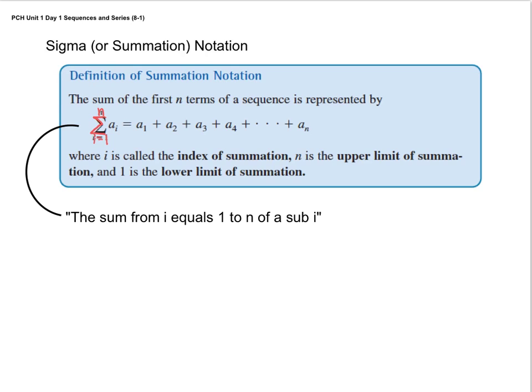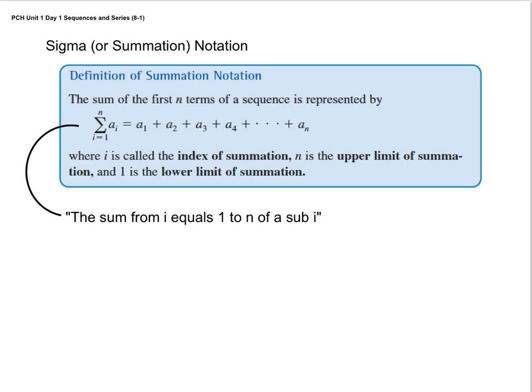You have this variable that's going to show up in the expression here. Okay? And at the bottom, the i is called the index of summation. That's the thing that's kind of changing each time. It's just a variable that we're plugging in different values for. The 1 is the lower limit, and then the n on top is the upper limit.